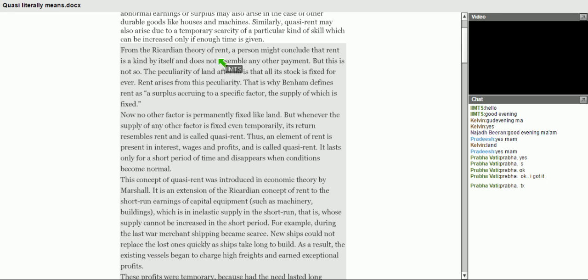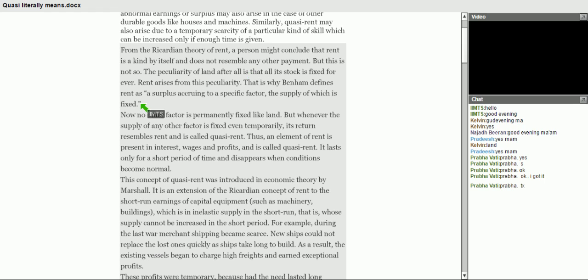The Ricardian theory of rent is a separate concept of rent, which we will be discussing shortly. From the Ricardian theory, a person might conclude that rent is a kind by itself and does not resemble any other payment, but this is not so. The peculiarity of the land, after all, is that all its stock is fixed forever. So rent arises from this peculiarity.